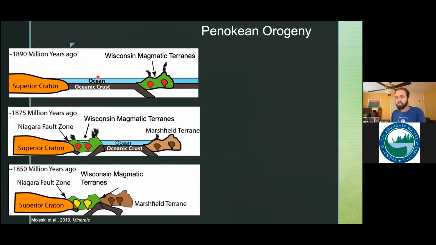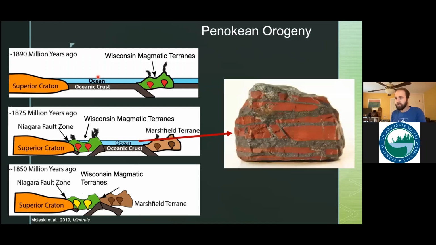And what makes this time period so important is what was happening in these oceans, and that is the deposition of iron formations. So this is a banded iron formation where the red layers are an iron-rich kind of relative of quartz, which is a common mineral, and then the middle layers are like a mudstone.